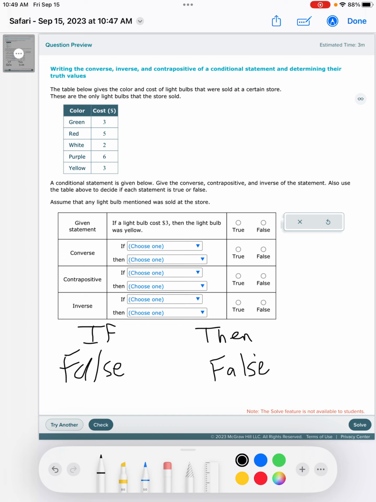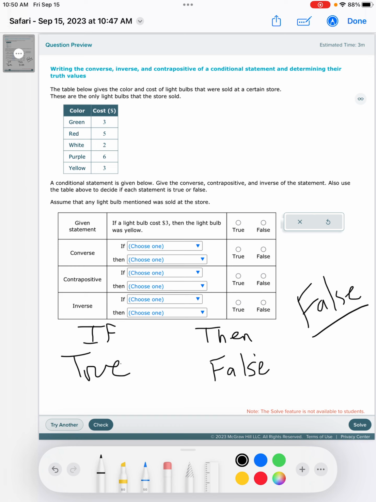And then the last scenario is, what if the if is true, but the then is false? This is like super false. When the if was false, it was just like, well, we don't really care, because we're not even starting the statement out correctly. We don't even have the condition, so it's not worth asking.